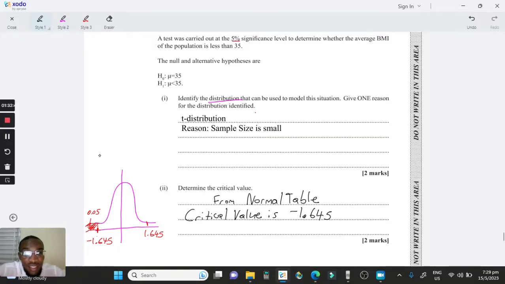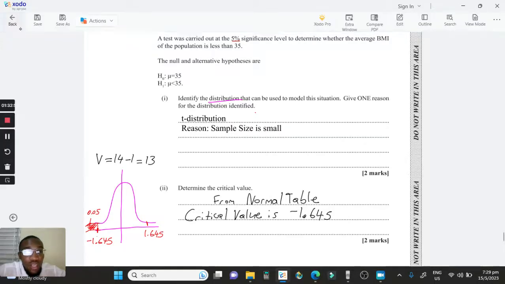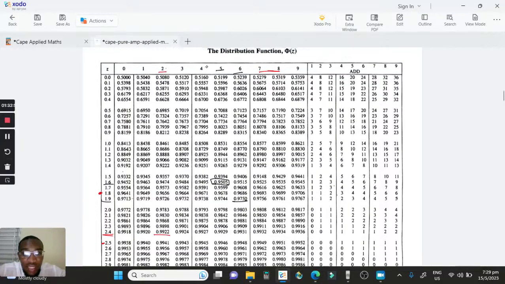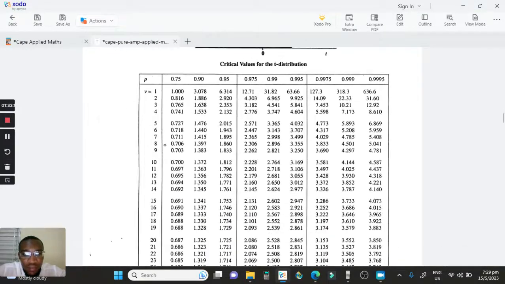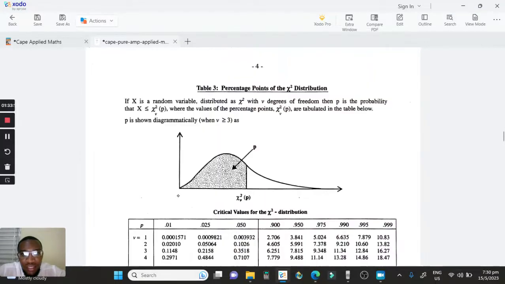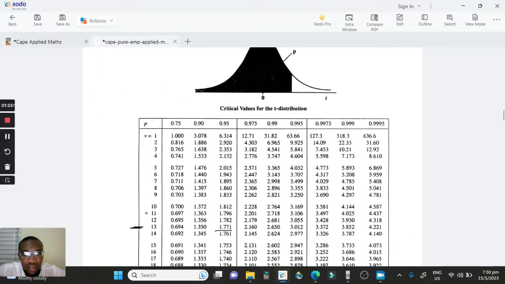My apologies, guys, the degrees of freedom would be 14 minus 1, which is 13. I was using the normal table, and this is a t distribution question. So I need to look at 13 degrees of freedom at 0.95. It's actually 1.71, guys.